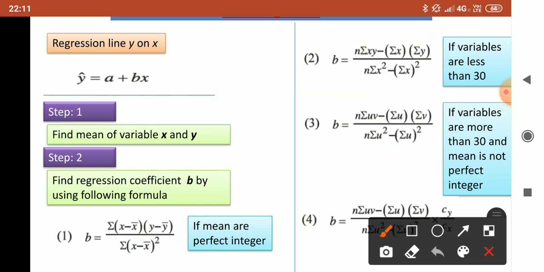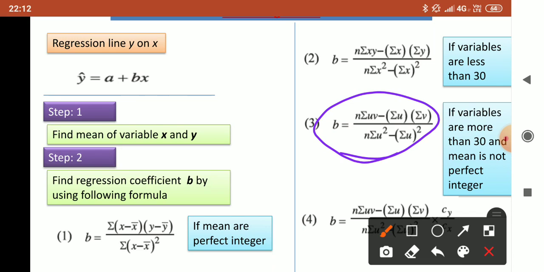If variables are more than 30, then what is the formula to find b? N sigma uv minus sigma u into sigma v upon n sigma u square minus sigma u the whole square.